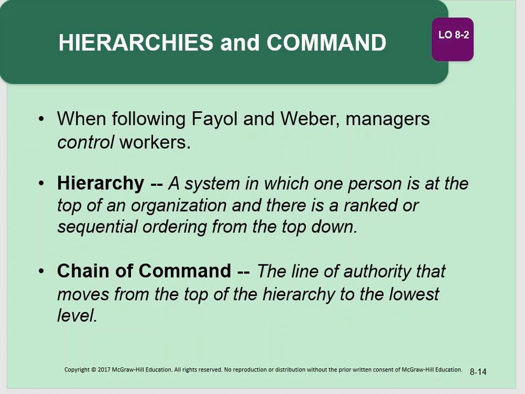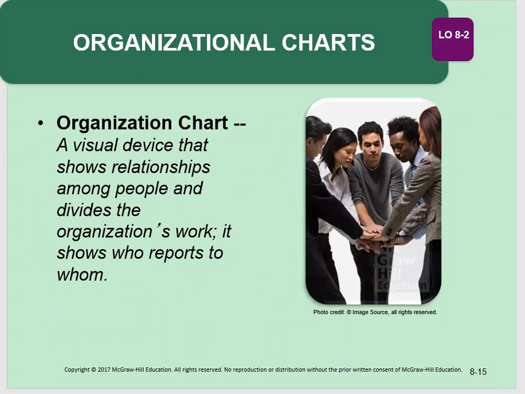The chain of command can then be visually represented through an organizational chart. An organizational chart is a visual device that shows the relationships among the people within the organization, and it divides the company's work. In essence, it shows who reports to whom.